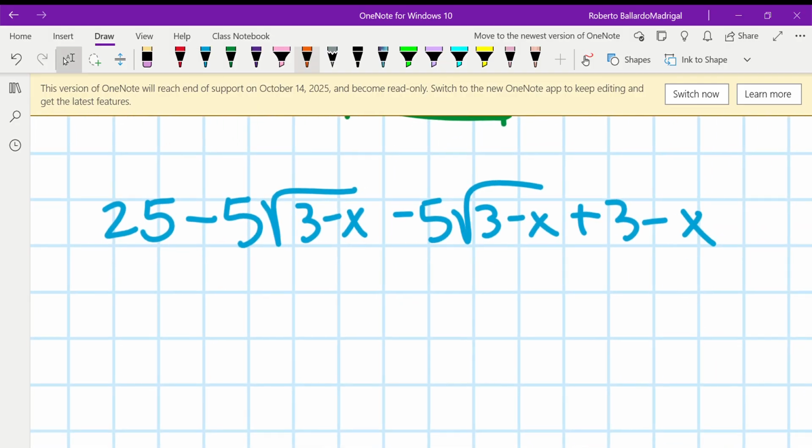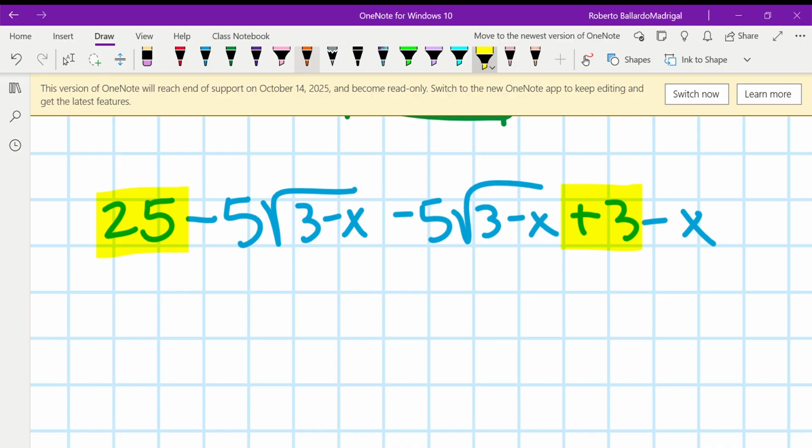What terms can I combine? We'll start with the easy ones. Let's combine the easy ones first. What can I combine 25 with? The 3. I'm going to highlight just so you can see what I can combine together. So 25 and 3. Now we can focus on the more challenging terms to combine. Negative 5 radical 3 minus x and negative 5 radical 3 minus x, they both share radical 3 minus x.